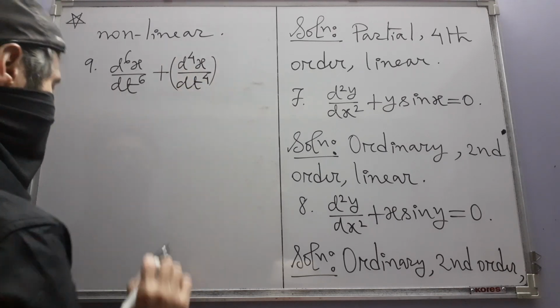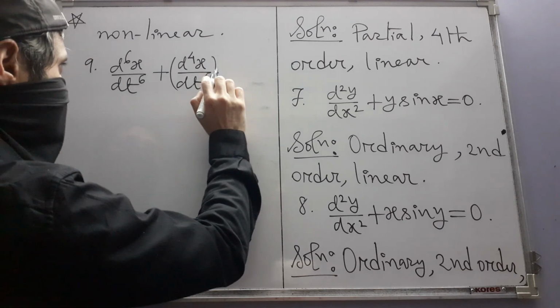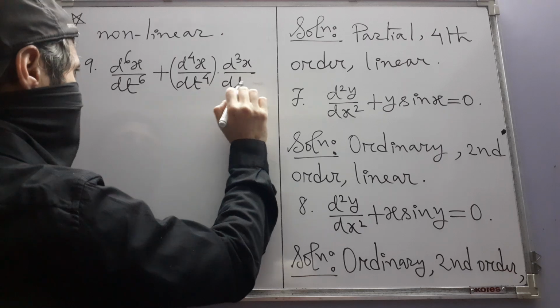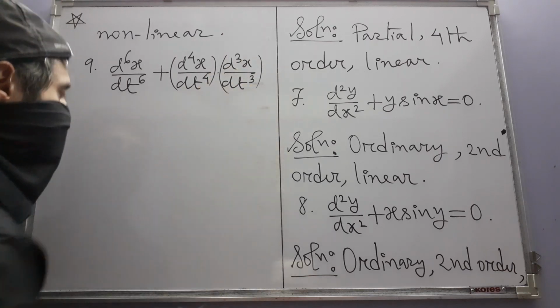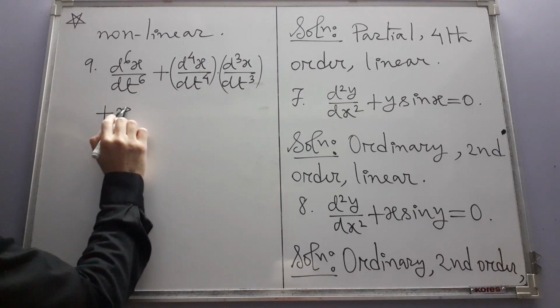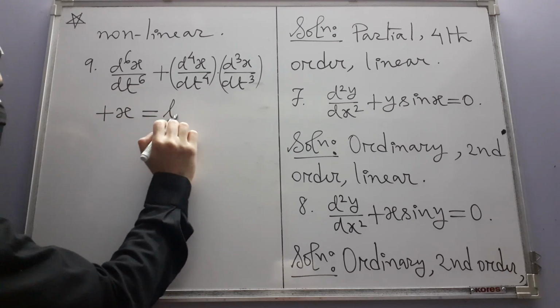The fourth derivative times the third derivative plus x equal to t.